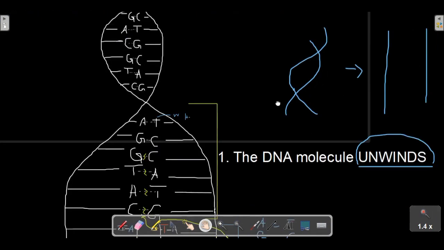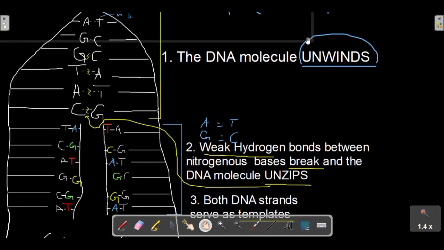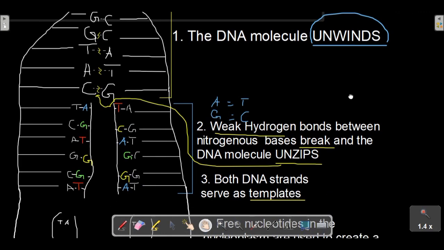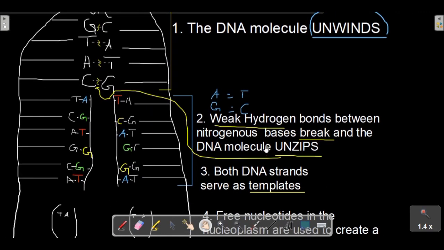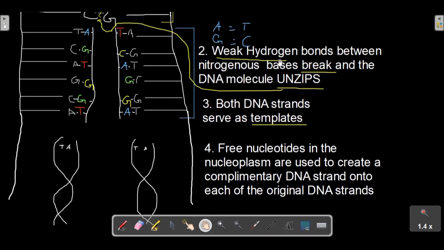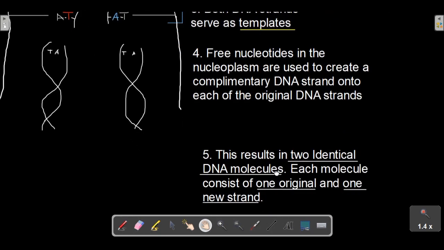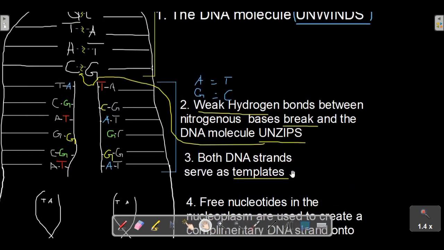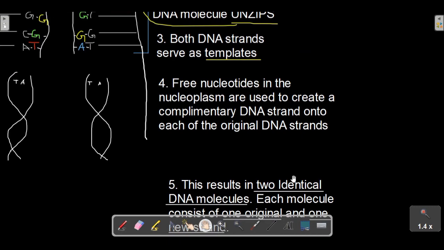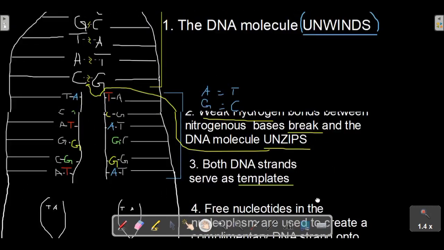There's nothing much there. As long as you understand the words, guys, use these words: unwinds, weak hydrogen bonds. Use those words. Okay, in life sciences, it's very important that you use the terms that we use, or you are going to lose marks. Okay, follow that. Use these terms, and don't rush when you're describing it. Okay, picture it.